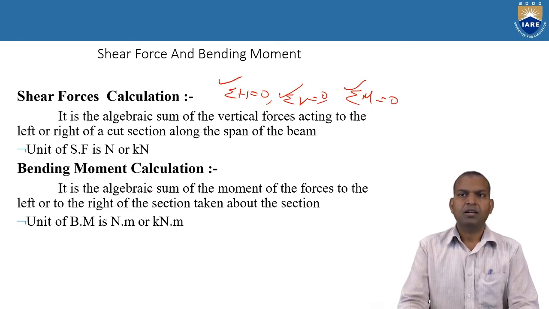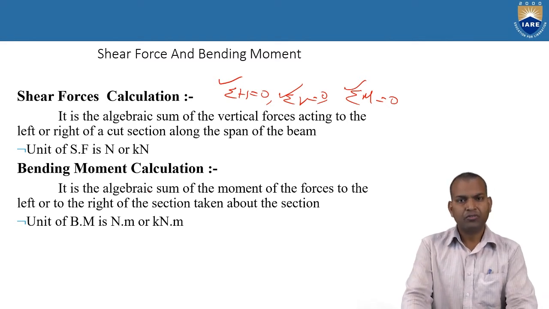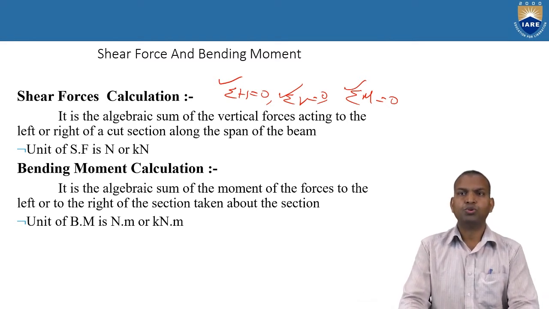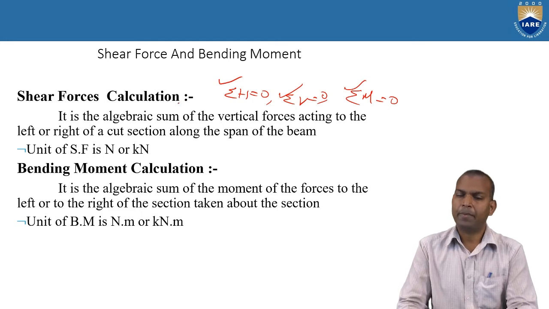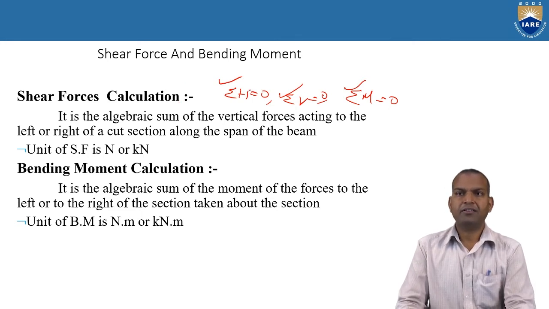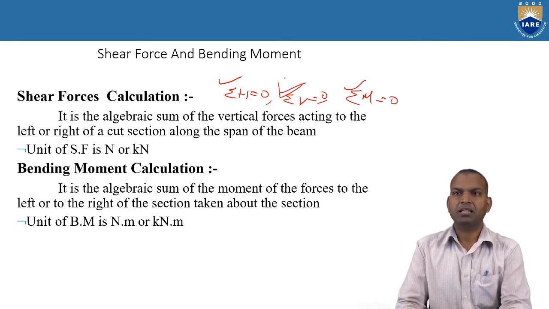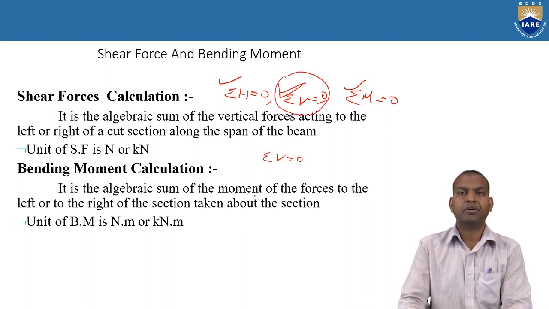Now, among these three equilibrium equations, which are used most? We frequently use sigma V equal to 0, vertical equilibrium, where the algebraic sum of all vertical forces is equal to 0, and sigma M equal to 0.